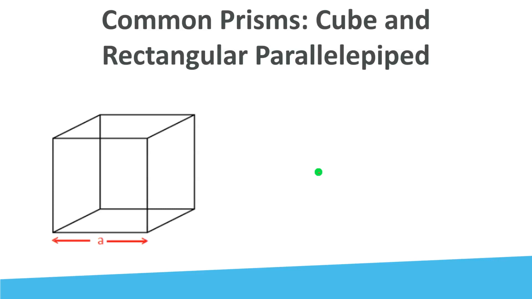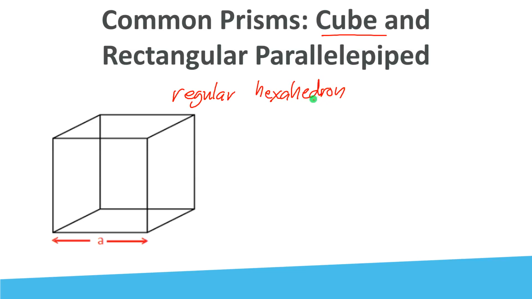Now let's discuss another type of prism, which is the cube and rectangular parallelepiped. They are also called common prisms. Starting with the cube, a cube is also called a regular hexahedron.